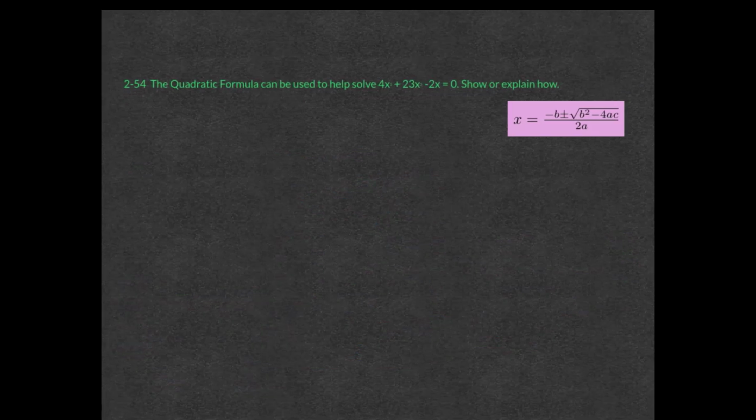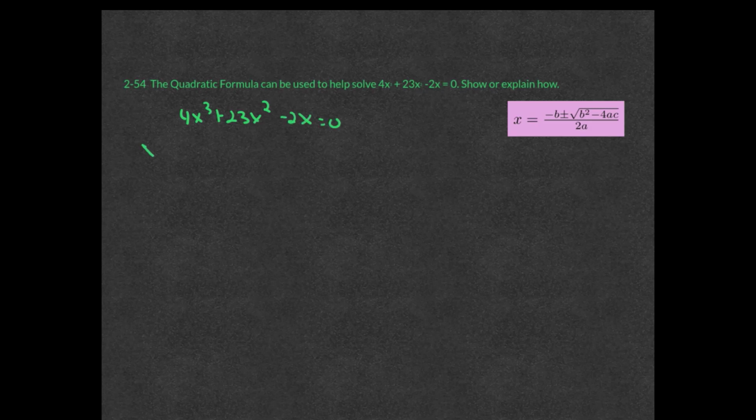So this one wants us to use the quadratic formula, which we will. But what I want to do first is we have a cubic equation. So the first thing I need to do is factor out an x from all of those. So I'm just going to write the equation out again here. Okay. So 4x to the third plus 23x squared minus 2x equals 0.